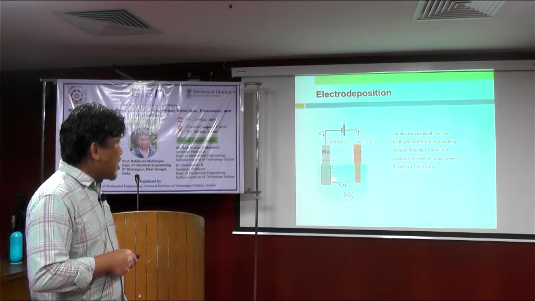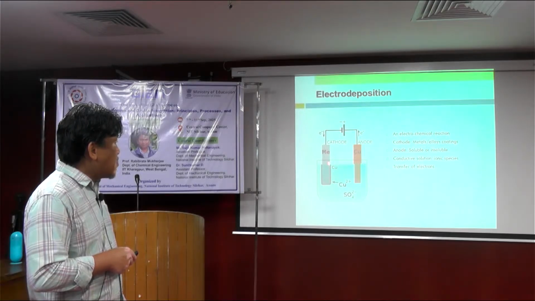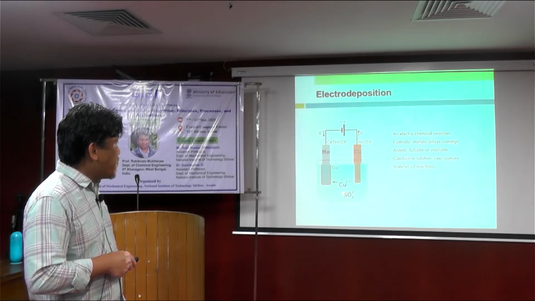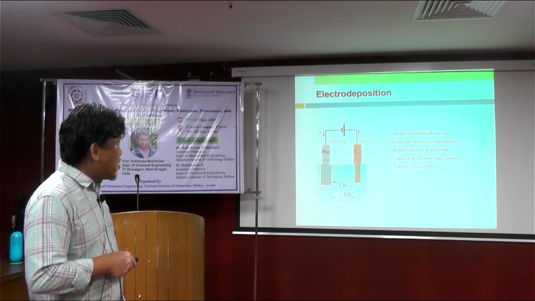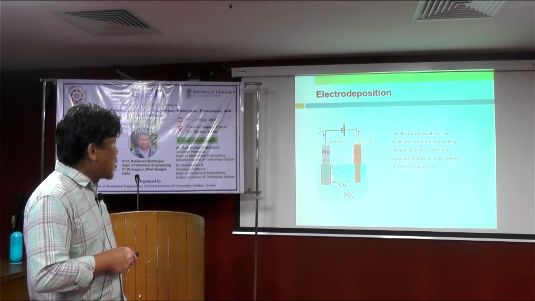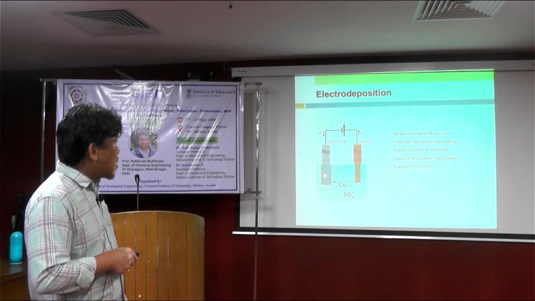With this kind of setup, for example, you can have something at the cathode to deposit. The anode is the base material, then you have a solution of sulfuric acid basically. Then you can deposit copper on this cathode.